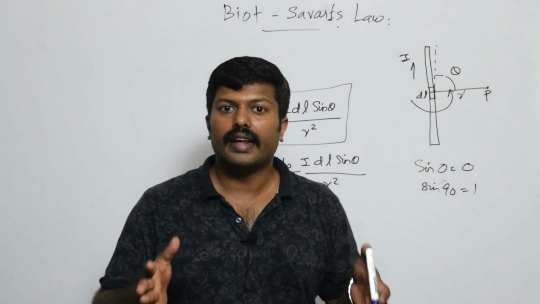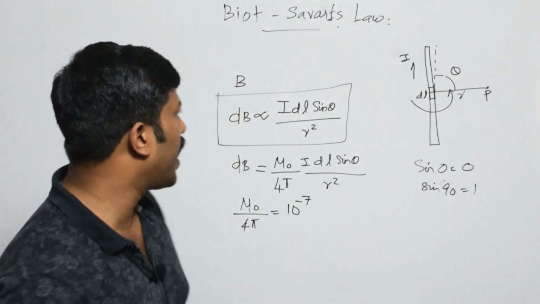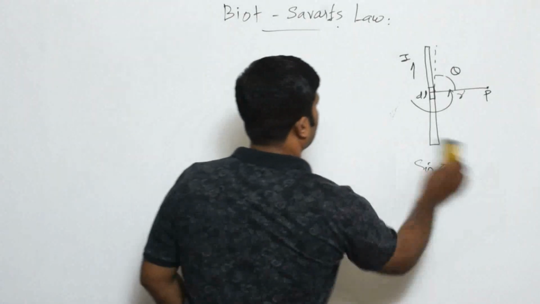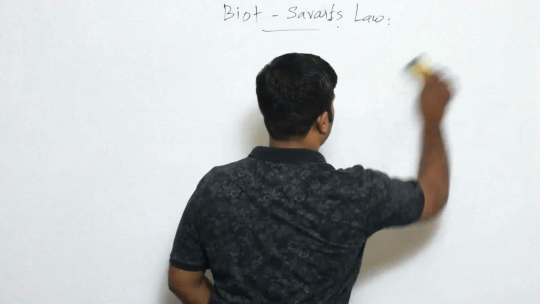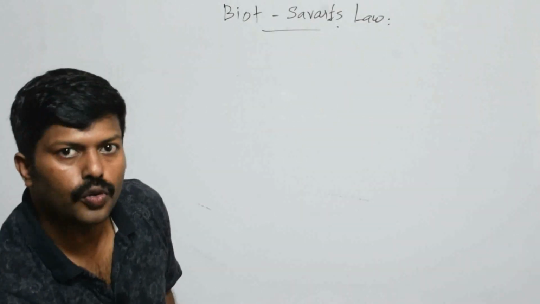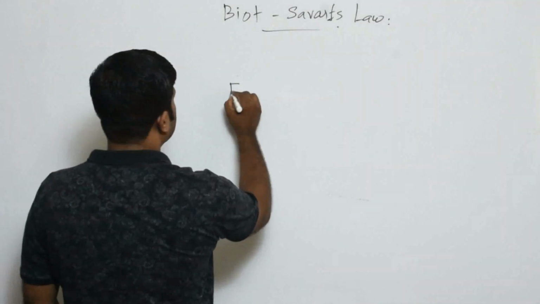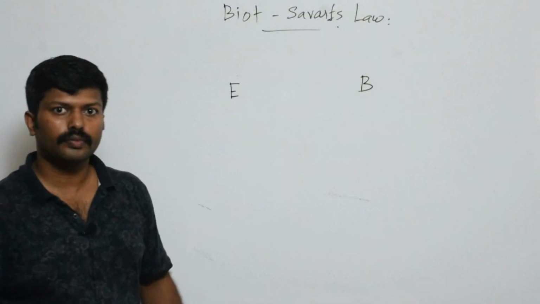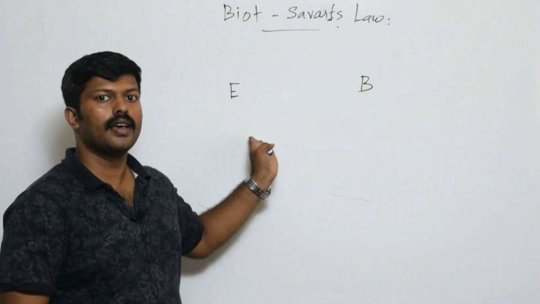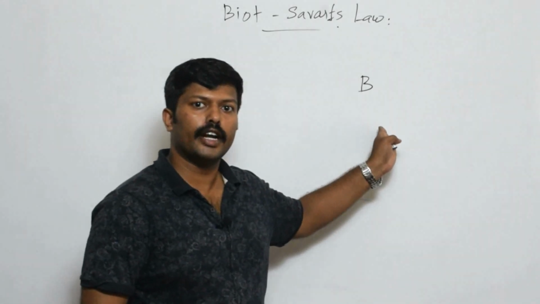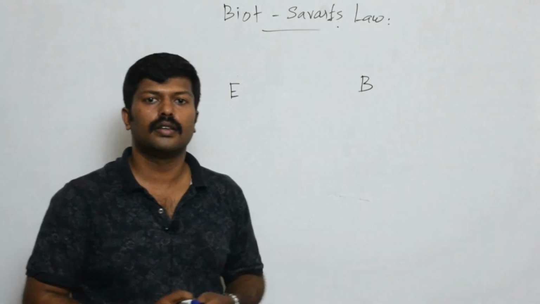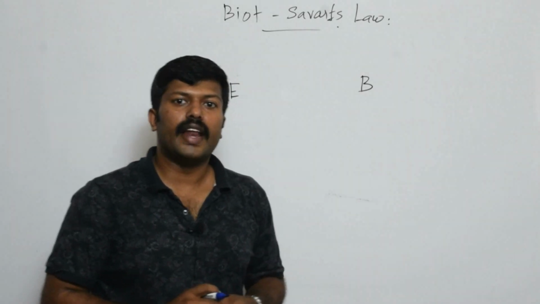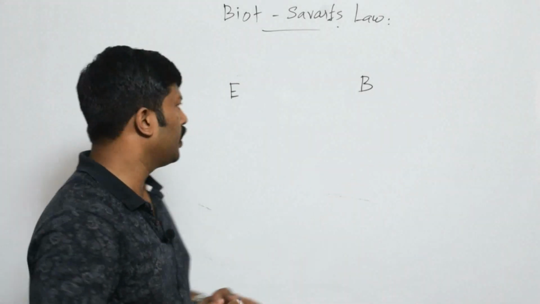Now I will relate this magnetic field with the electric field. You all know that the electric field is represented by E and the magnetic field is represented by B. So what is the difference between electric field and magnetic field?